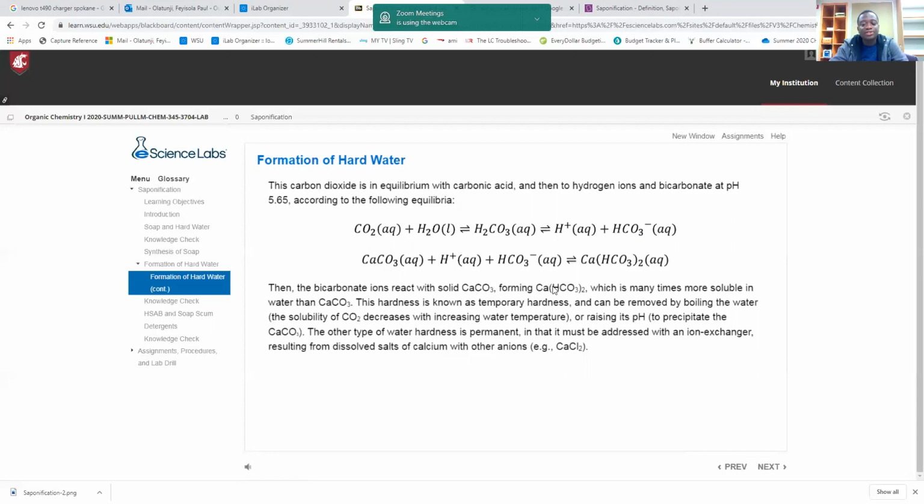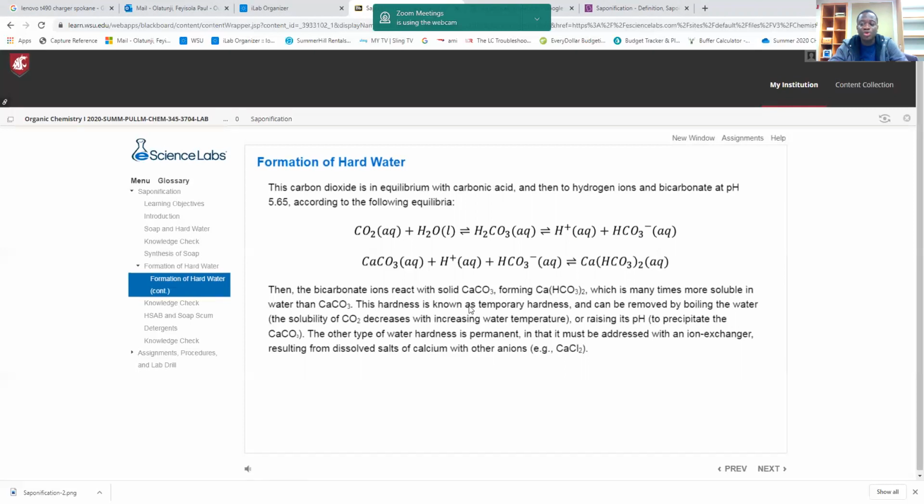Okay, and calcium bicarbonate, which is the main component of temporary hardness in water, can be removed by boiling, because when you boil, you end up forming carbonic acid, which decomposes spontaneously into water and CO2 over time.